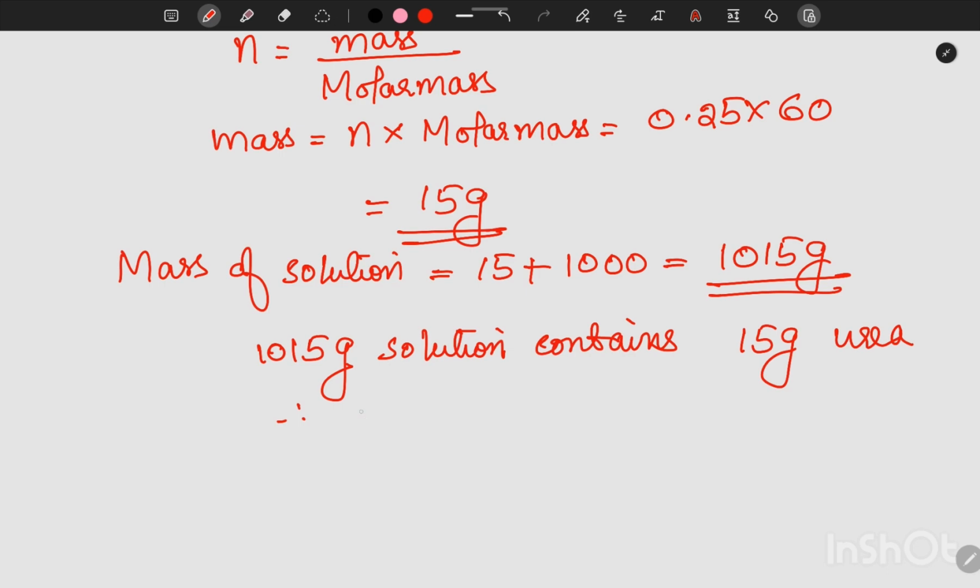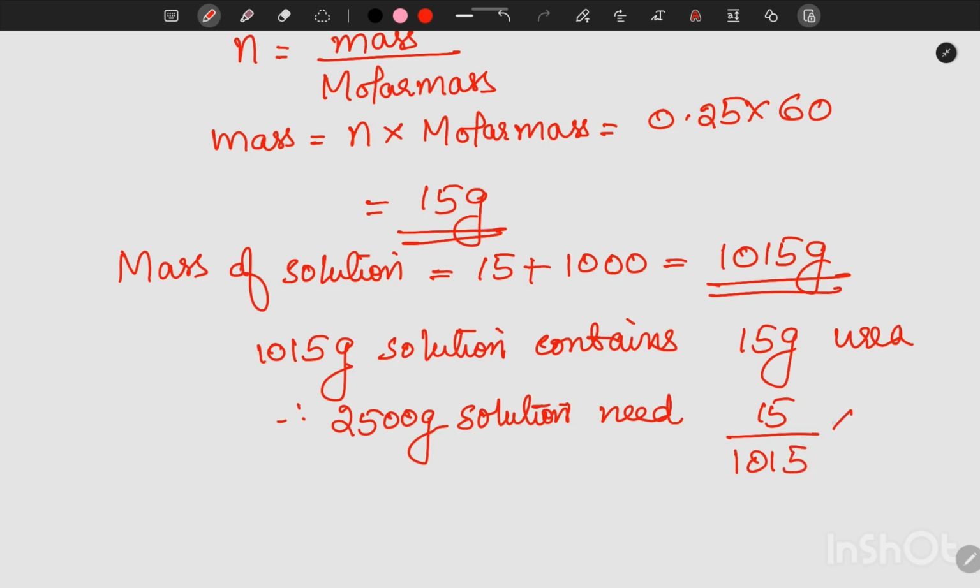Therefore 2500 gram solution requires 15 divided by 1015, that's for 1 gram, then into 2500. So when you simplify this, you will get 36.95 gram. So this is the amount of urea required for preparing 2500 gram of solution.